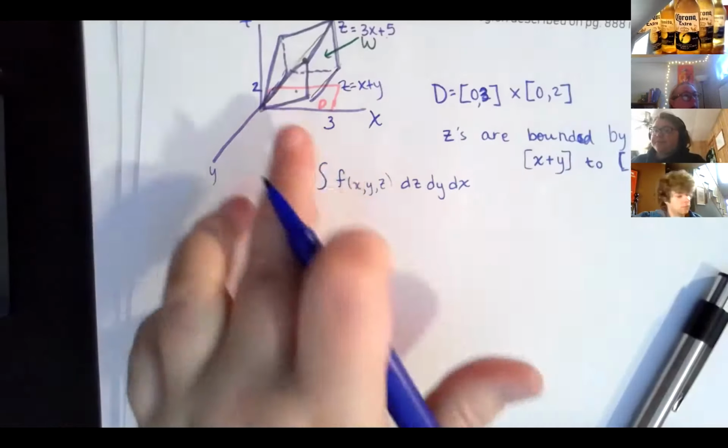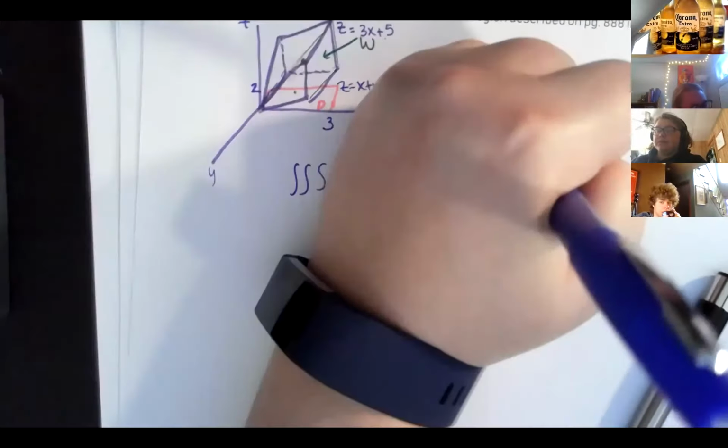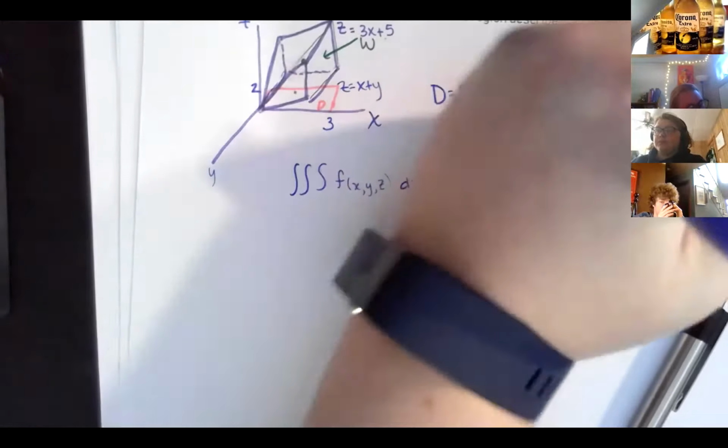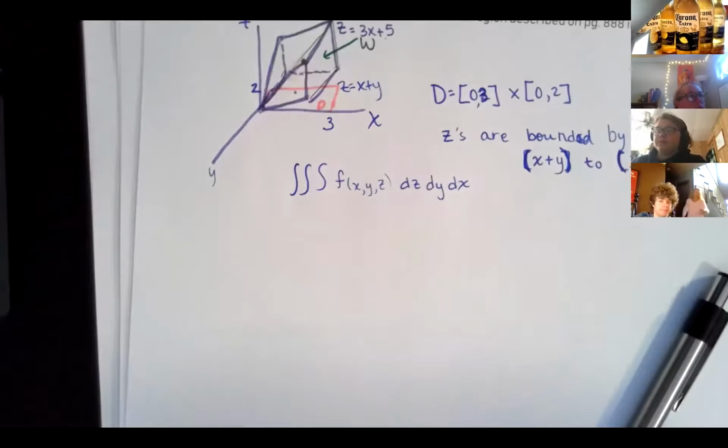So there's my bounds, and technically square brackets don't mean anything, I could have done parentheses. Just want to make sure that we see these as my bounds. Do y'all see that?